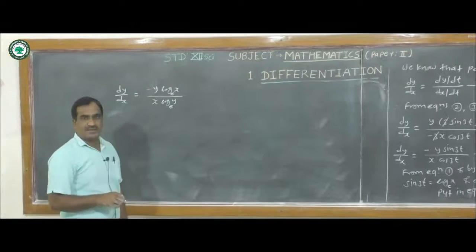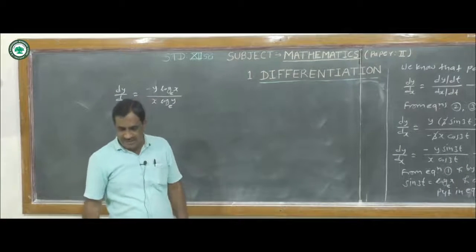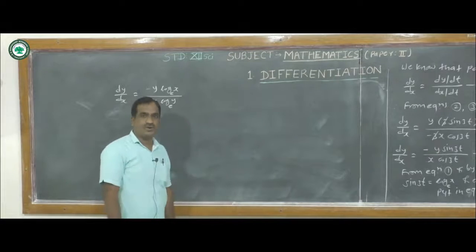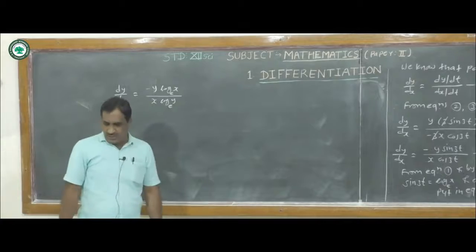This is the required answer. We have to show that dy by dx is equal to minus y into log x upon x into log y. Okay. Now we see the next example.